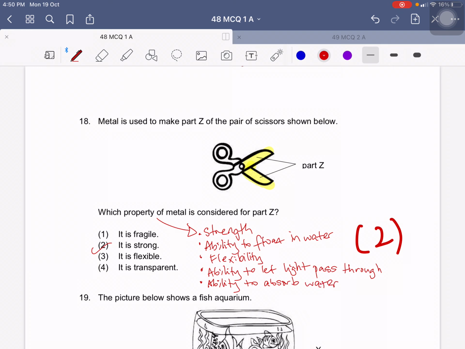Alright, so these are the 5 different properties. Out of these 5, we consider the strength the most important property for part Z.